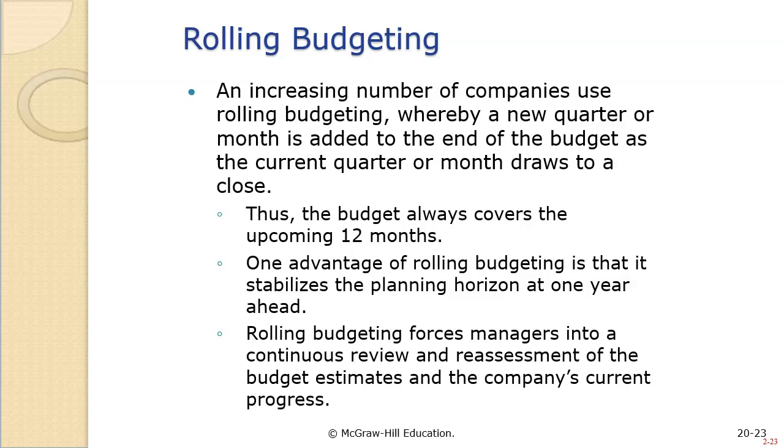But they're also looking forward and adding the upcoming 12 months, so they're not just looking at what happened and comparing the budget through July 2019. They'll be looking at budgets through July 2020, if they're using this rolling budgeting approach, right? Last point, it forces managers to be continuously reviewing and always on top of things, assessing their budget, doing it this way.